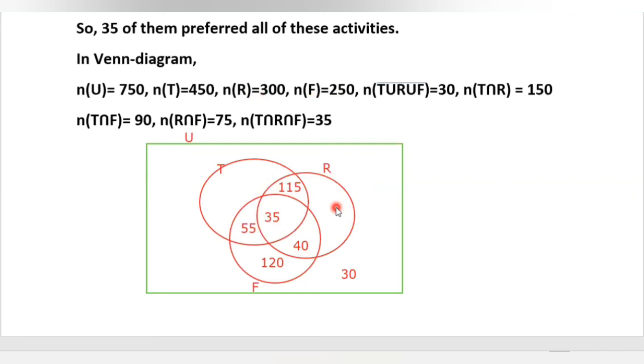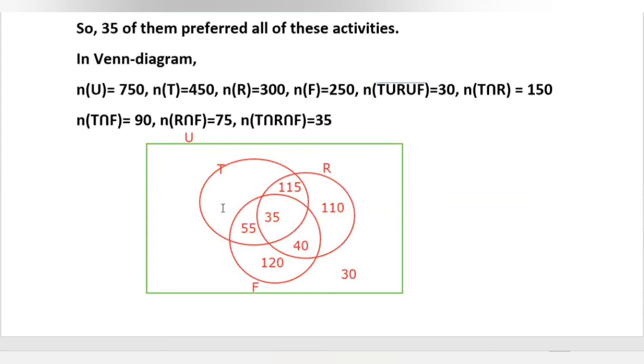By using the calculator, the total comes to 190. So subtract 190 from 300 and you get 110. So now write down 110 here. So easy, not so difficult, but a very important question.